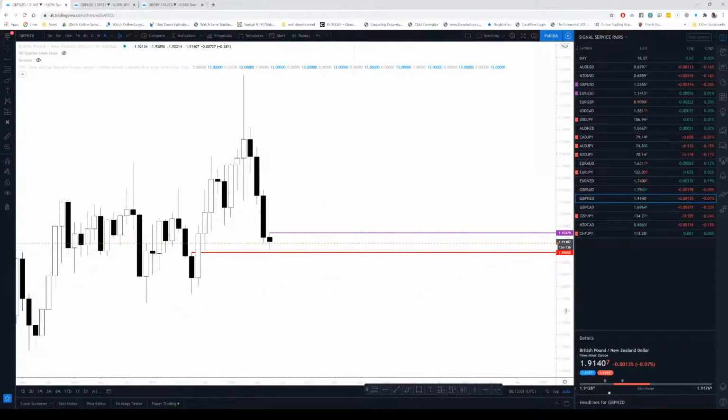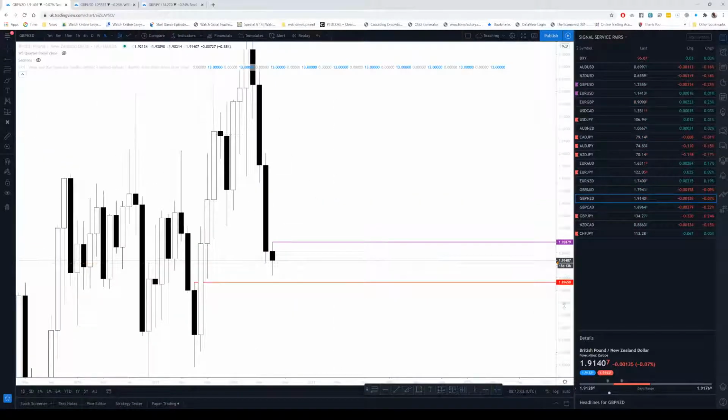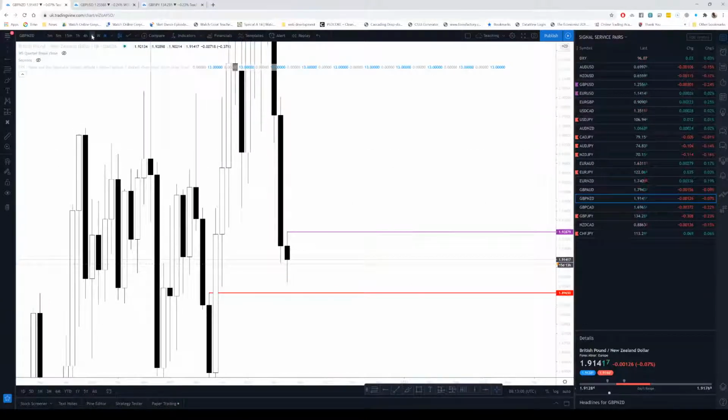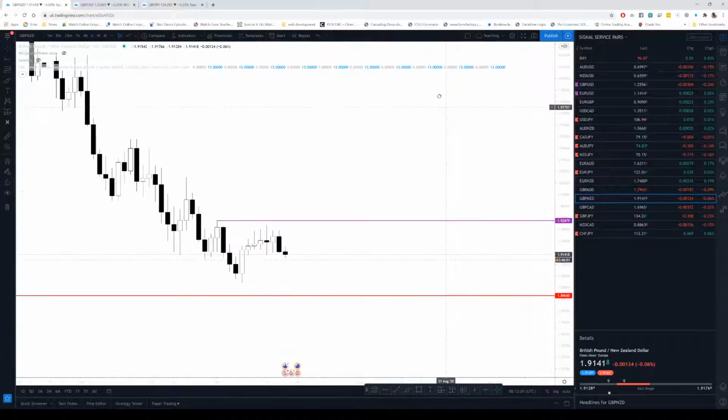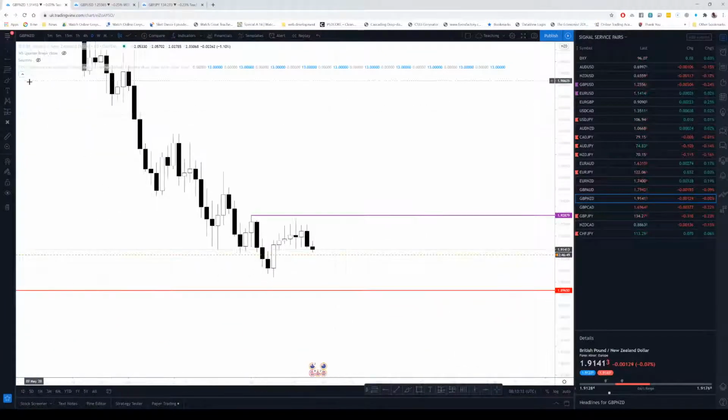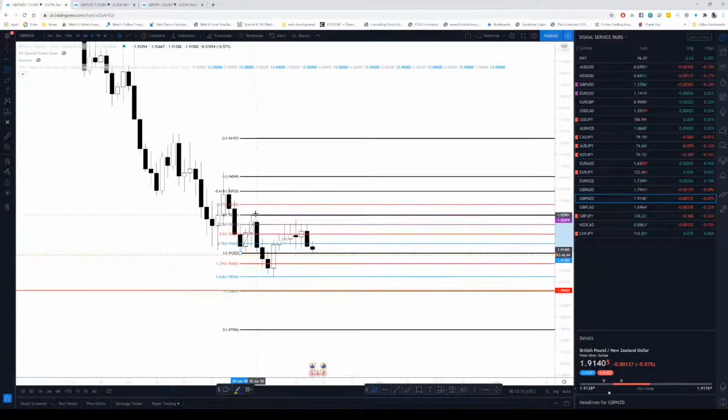I would like early longs to be killed right now. So I'll fancy another leg to the downside. Let me measure this high to that low.